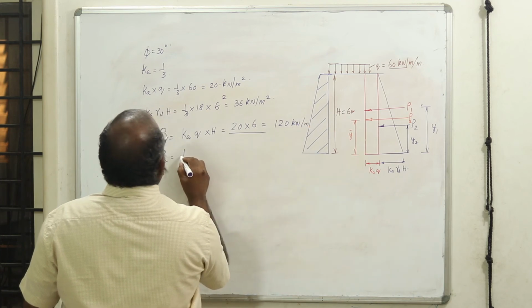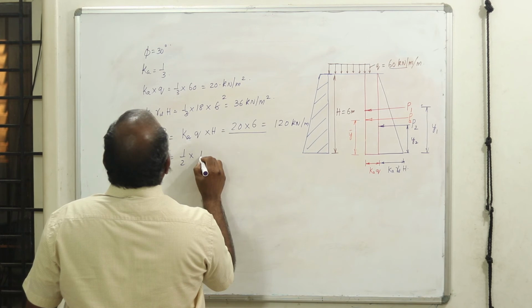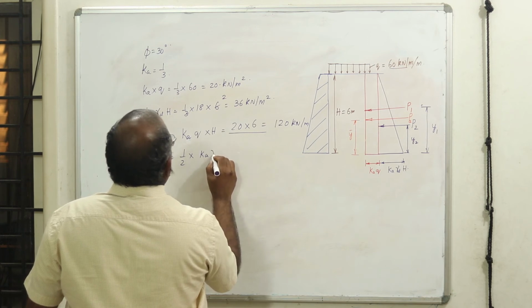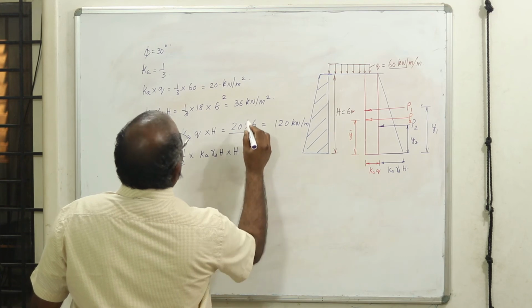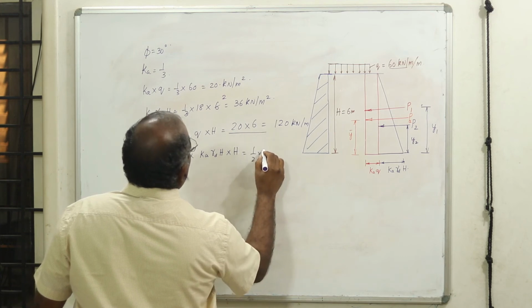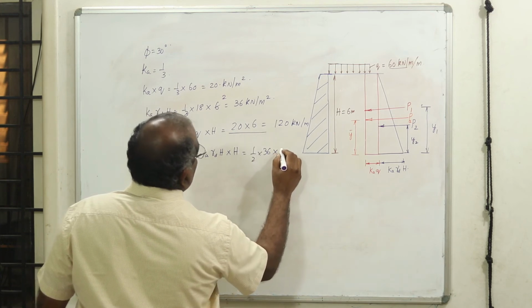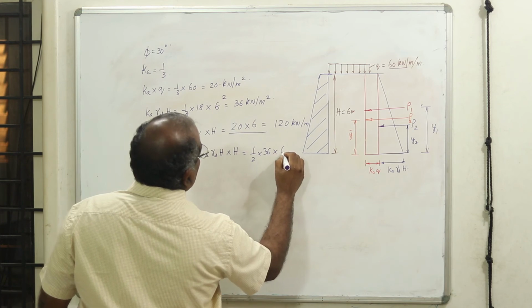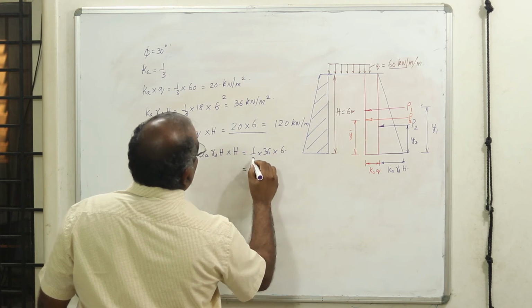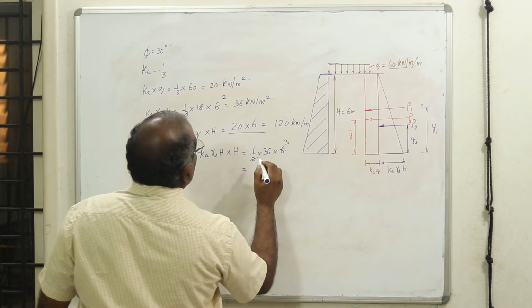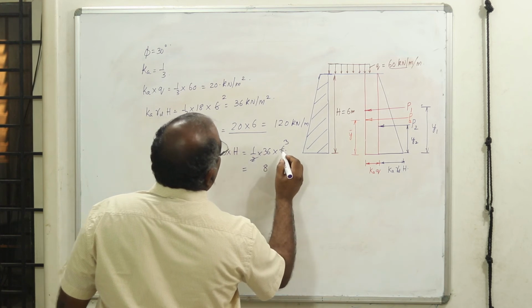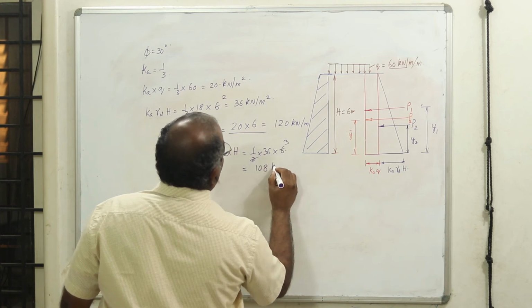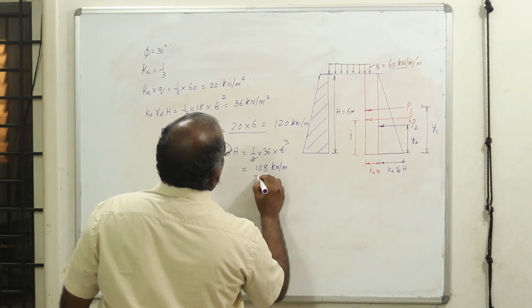Then P2 is half into base, which is K gamma D into H, into H. This value is half into 36 into 6, which is 108 kilonewton per meter.